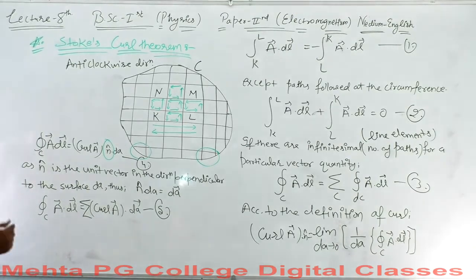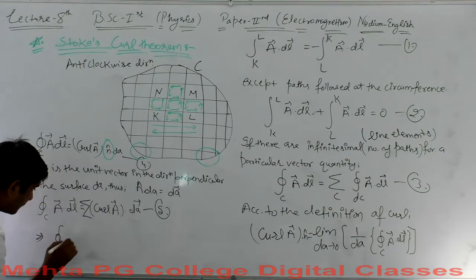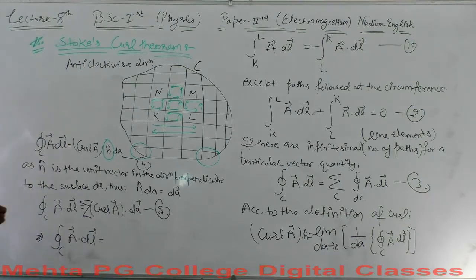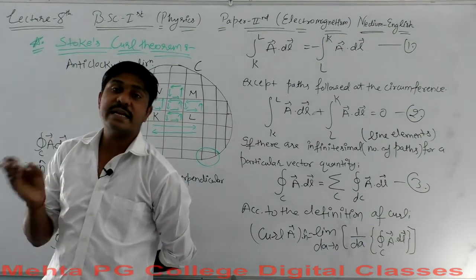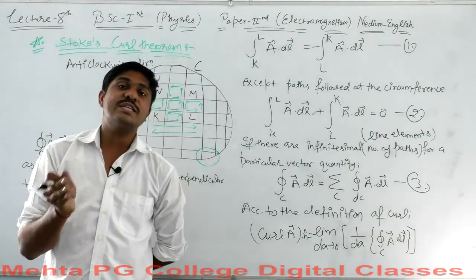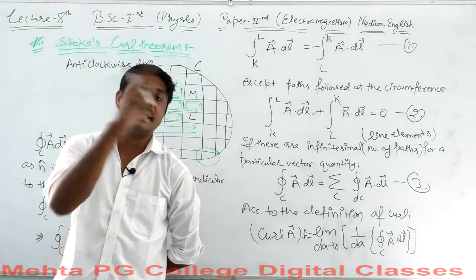So solving for this, what will we get? We will get the integration over the closed curve of A dot dl will equal, if all the area elements are infinitesimal, as you know all the area elements are infinitesimal for sure, so the summation symbol can be replaced with the integration symbol.